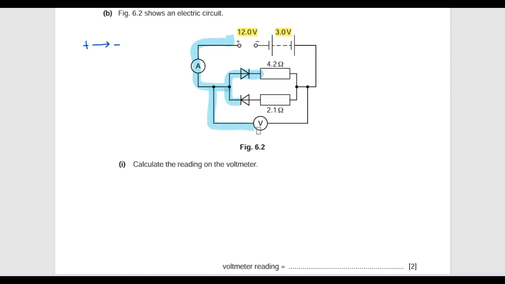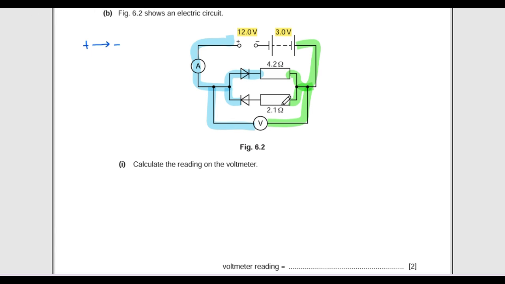And for the 3 volt battery, the current will flow in the opposite direction because the positive terminal is at that side. So for this battery, the current will flow like this. And we know that this diode doesn't let the current pass, so this resistor is not going to receive any of the current. I am mentioning it before.